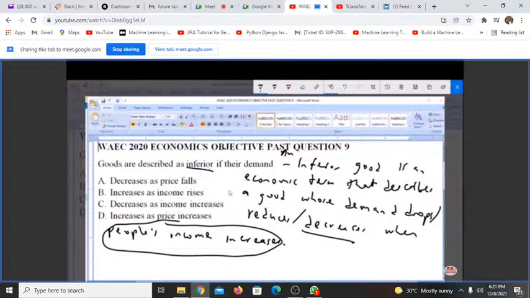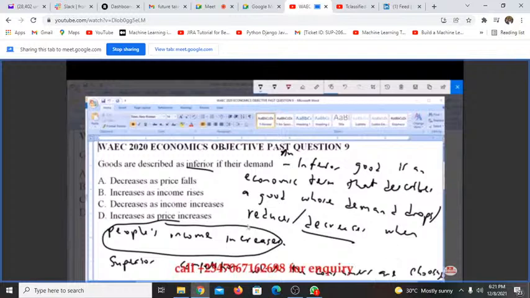Now, this is because it's an indication that there is superior competition which the consumers are choosing. So it means that the consumers are choosing superior products due to the fact that their income is increasing.